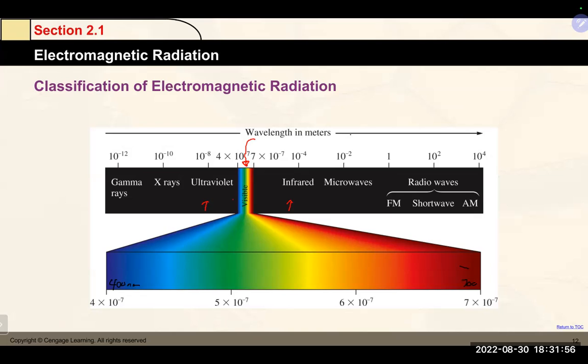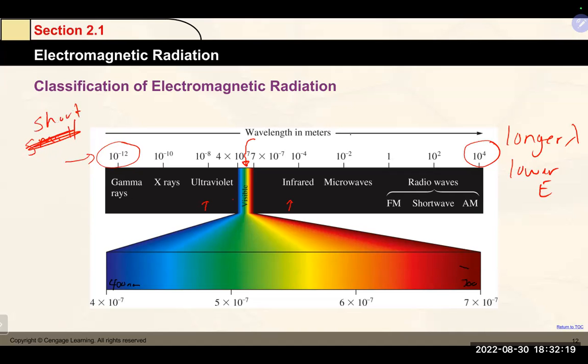On the right-hand side here, this is the wavelength in meters. So this is a longer wavelength on this side, which means on this side should be lower in energy. On the other side, that is 10 to the minus 12, which is a very small wavelength. Short is the better word for that. Short wavelength and higher energy.